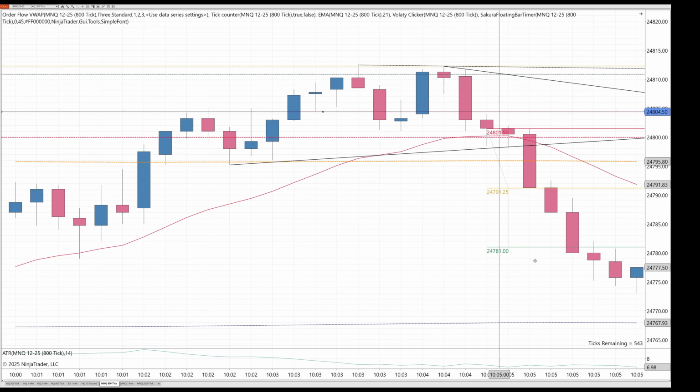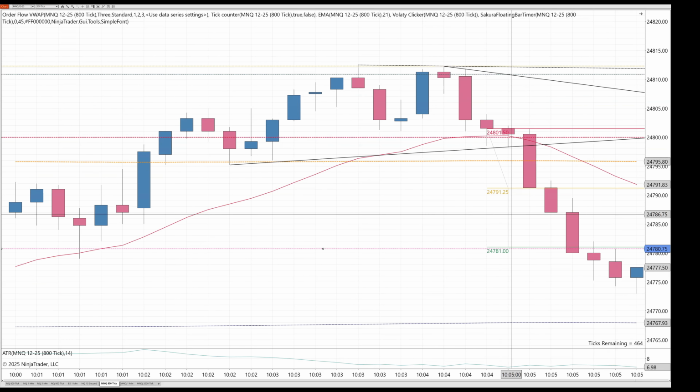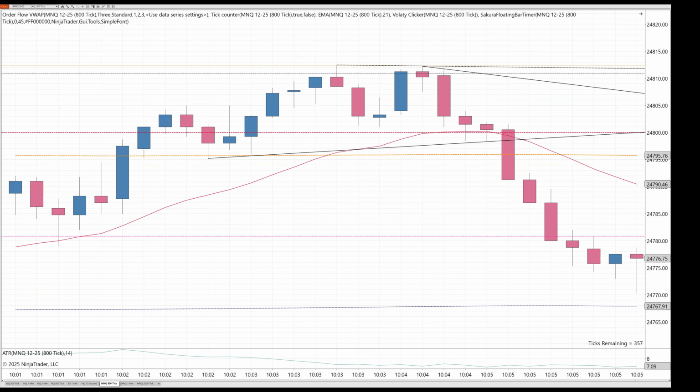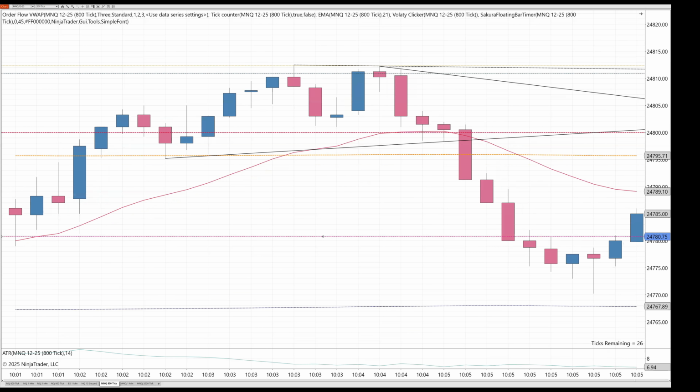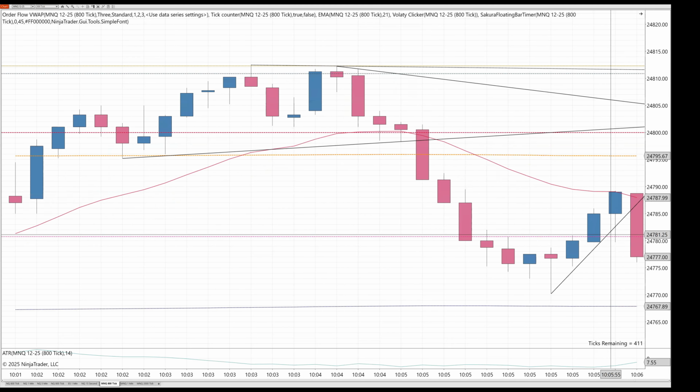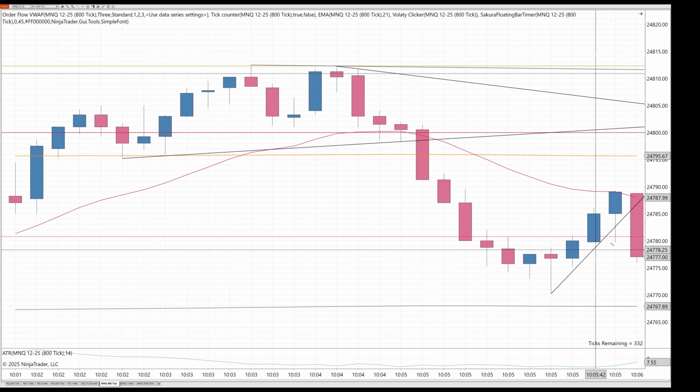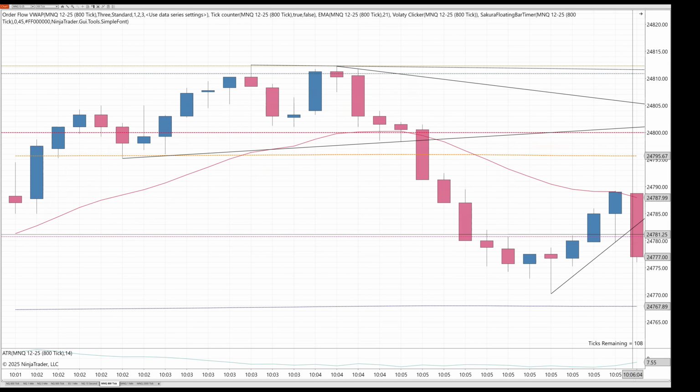Runner is still running. And I don't know if the runner was taken out here or not. At this point, the runner was taken out anyway. All right, so we're drawing this upward trend line. And this then becomes our next bearish signal.